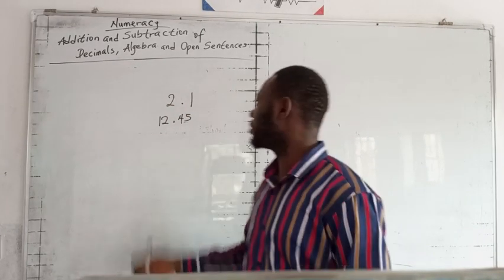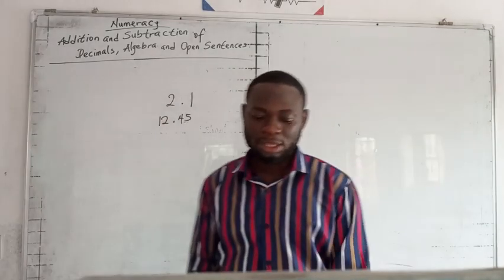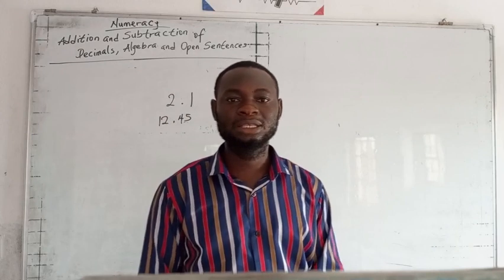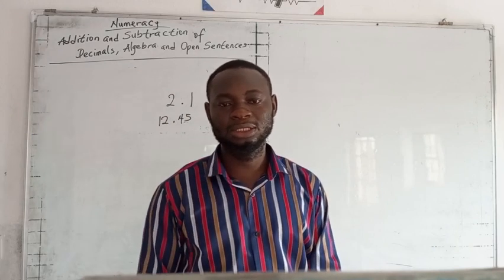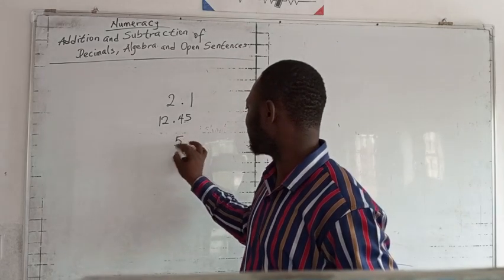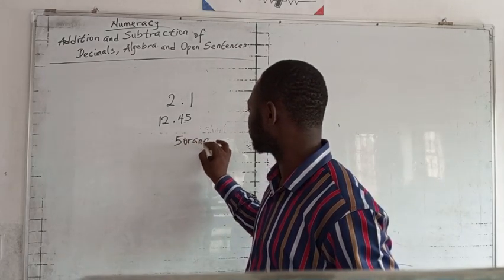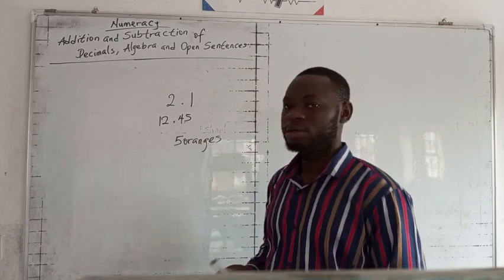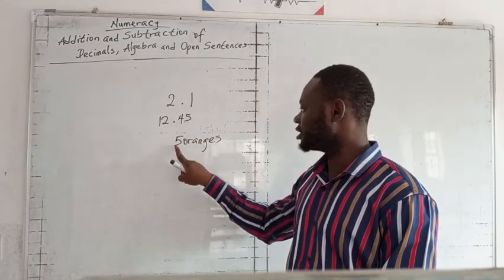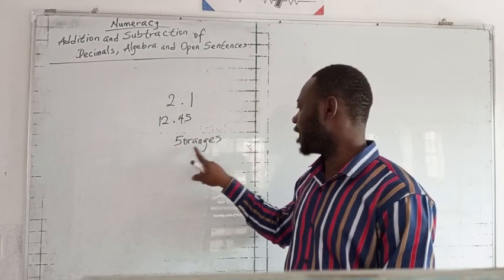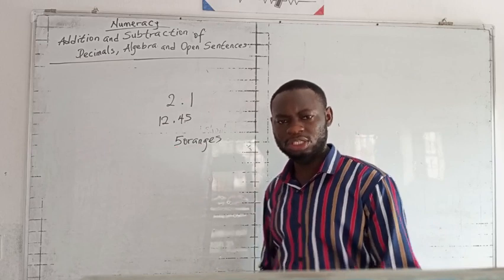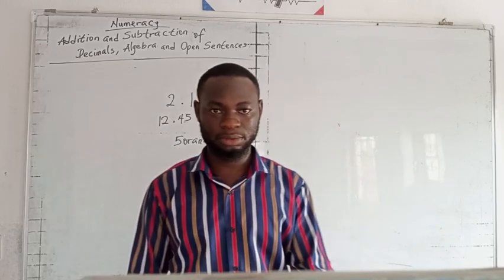Okay? Then when we talk about algebra, we said that an algebra is a mathematical statement that has a constant and a variable. For example, if we have something like 5 oranges, all right? Now this is an algebra because it has a constant 5 and a variable oranges. Okay? Now the question is, what is a constant? What is a variable?